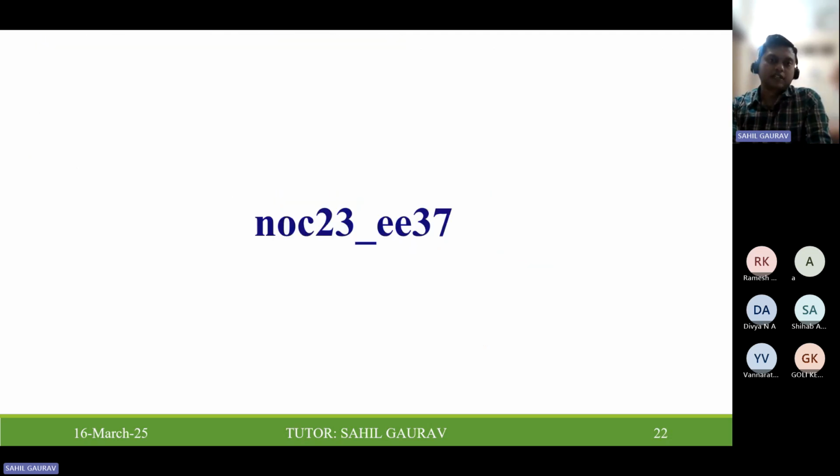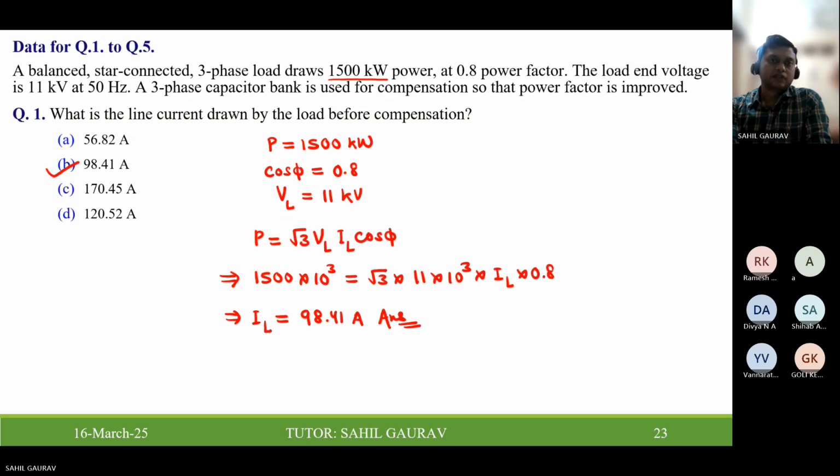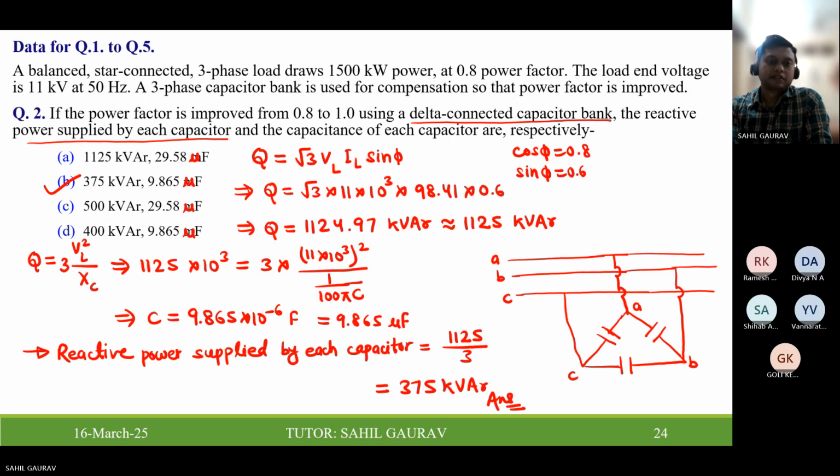Now you can also revise 2023 assignments, where many problems are similar to this, as usual, like all assignments. Here they are asking about the reactive power supplied by each capacitor.